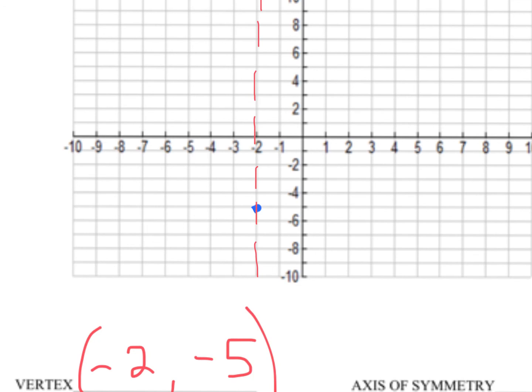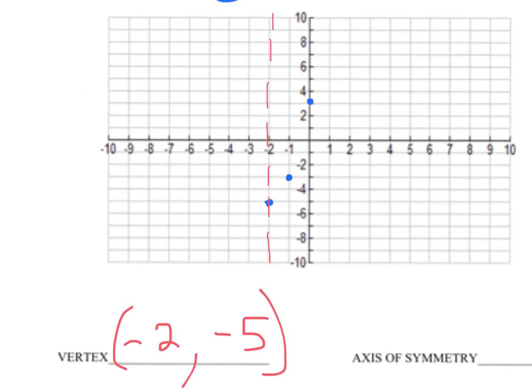So, right 1 up 2 goes right there. Right 1 up 6. 1, 2, 3, 4, 5, 6. Right 1 up 10 is not going to happen for us. So let's reflect. So 1 space, 1 space. One, 2. So 1, 2.